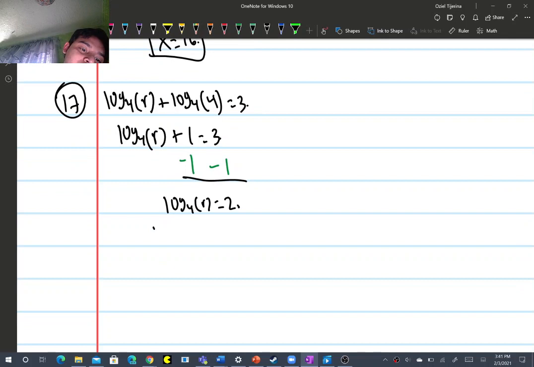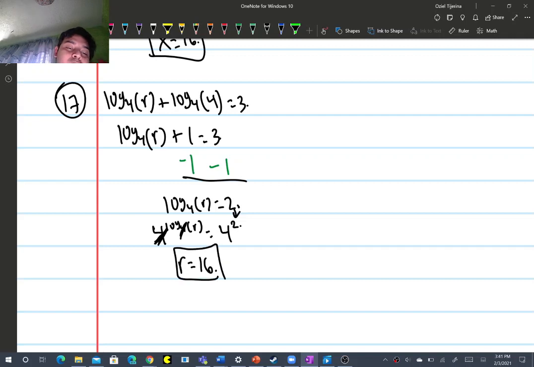And then we say 4 to the log base 4 of r equals 4 squared. We cross these out, and we get r equals 16.